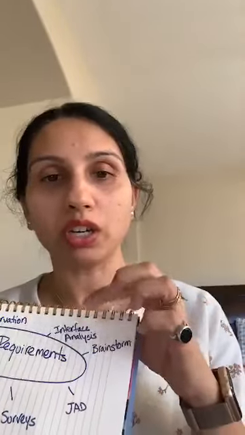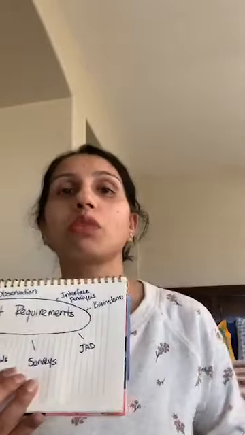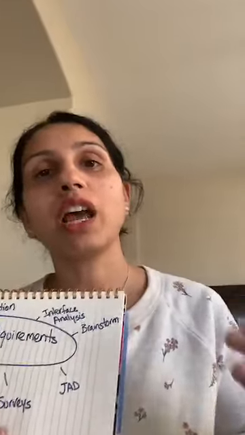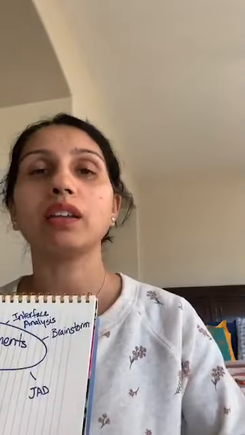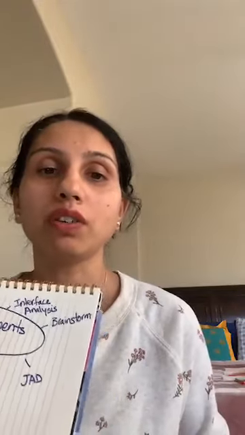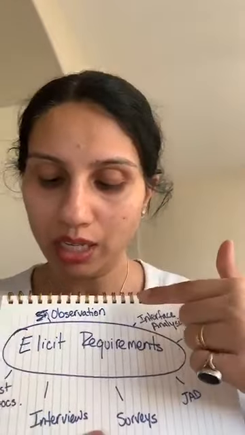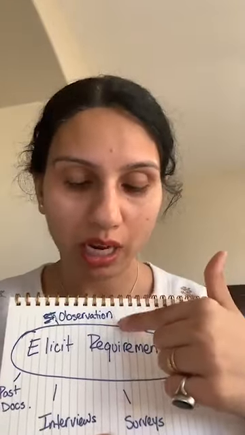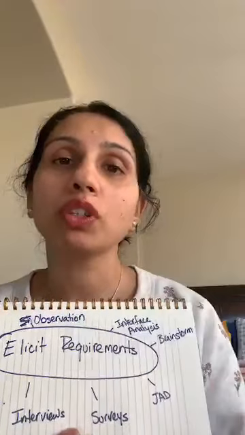The next one over here is interface analysis. That's kind of like understanding how the system works as is. If you can understand how the business or the system is working today, then you can go back and talk to your stakeholders about what needs to be different about it. Okay. The next way that you can gather requirements is observation. You can go to your stakeholders and watch what they're doing.